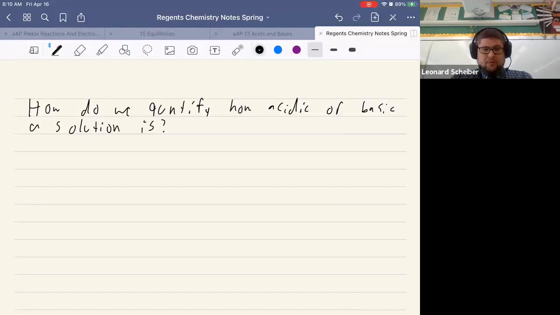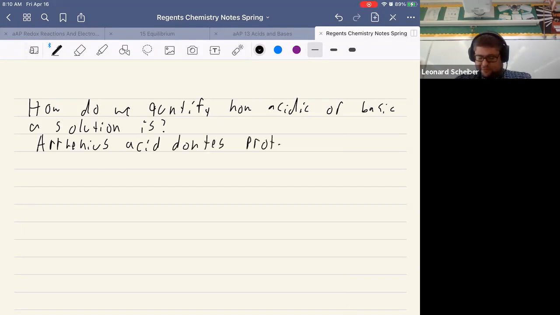Well, Arrhenius defines an acid as something that donates a proton, or H plus, right? Same thing.